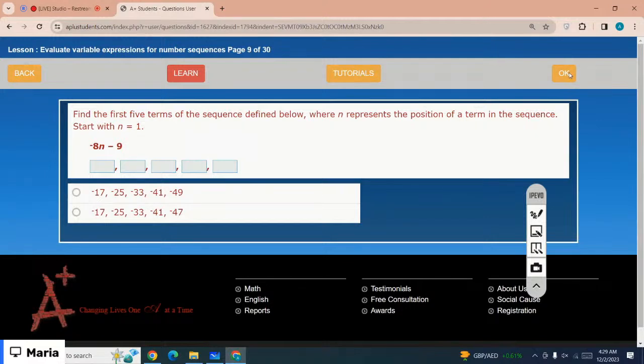Okay, the next one is find the first five terms of the sequence defined below where n represents the position of a term in the sequence. Start with n equals 1. So which is the correct option?